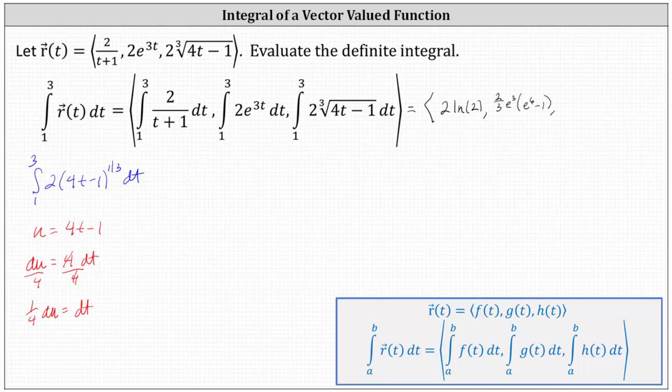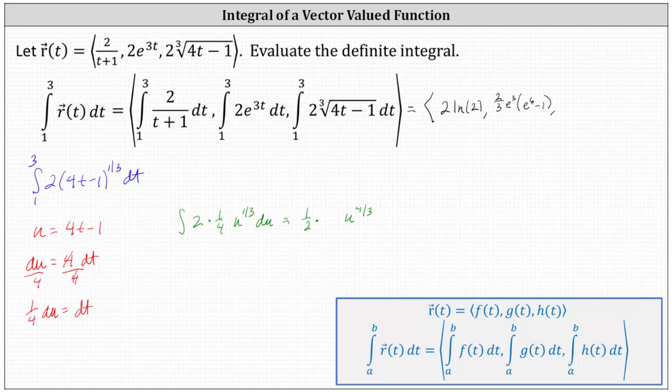In terms of u, we have 2, and then dt again is 1/4 du. And the quantity 4t minus 1 is u, giving us u to the 1/3. Integrating, well, 2/4 is 1/2. We have 1/2 times u to the power of 1/3 plus 1, that's 4/3.